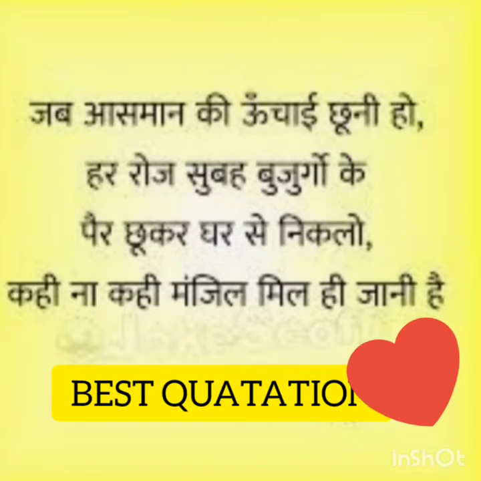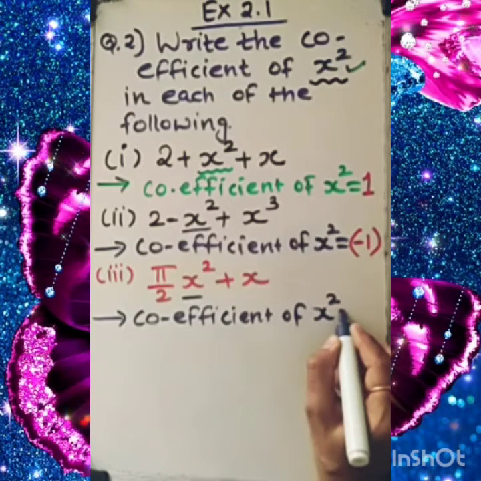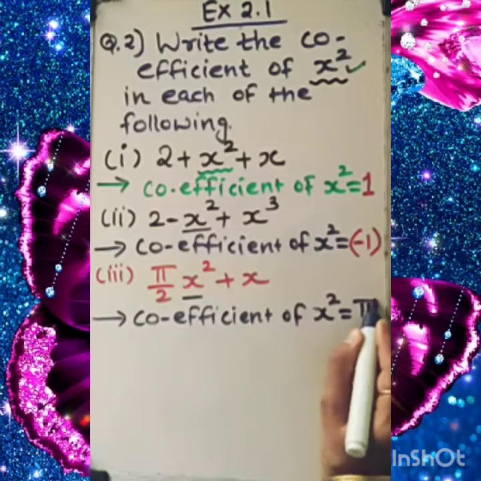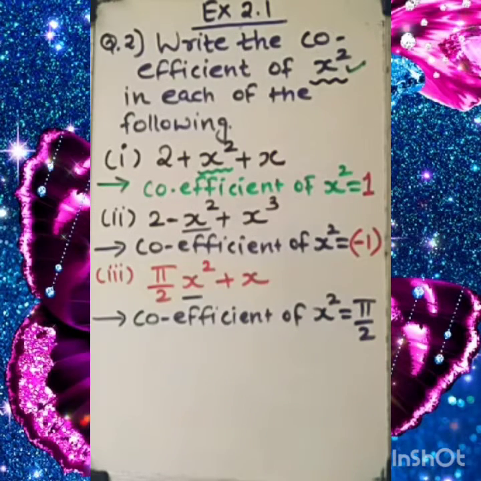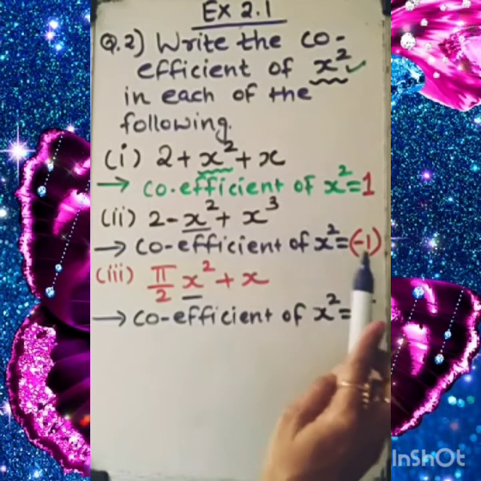Let's note down the coefficient of x square, that is equal to 5 by 2. Once again I am explaining from here. The coefficient of x square in the previous one is minus 1.